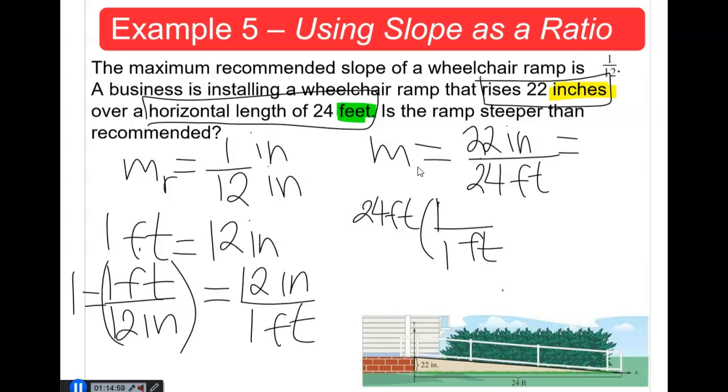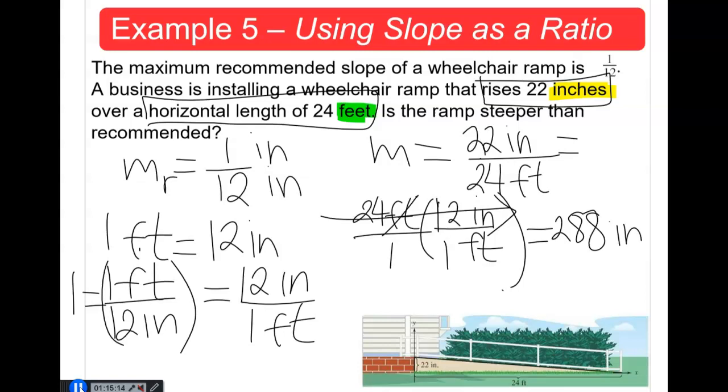So if I do that, and remember I multiply horizontally, so 24 times 12 is equal to 288, and the units will be inches because here we could divide feet over feet and get a 1. So we say they cancel. So now if we have everything converted to inches, we have 22 inches for every 288 inches. That will be the rise over run, or the change in the vertical with respect to the horizontal.